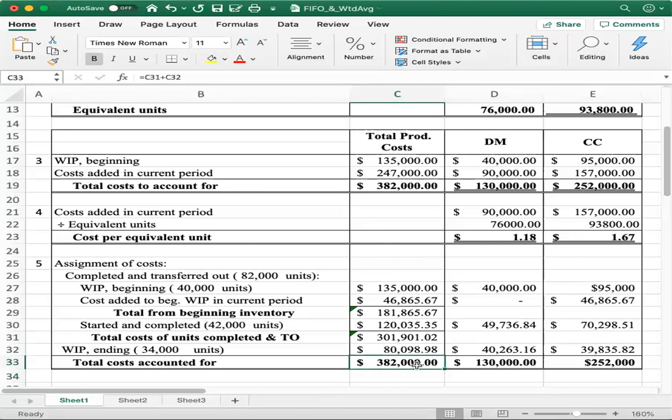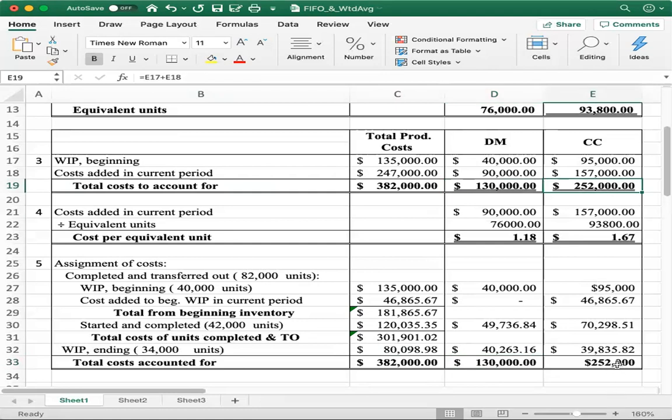So now the interesting part that you need to see whether you did your problem correctly or not is these numbers right here, total cost to account for, should match this, right? So the total cost to account for on part 3, 382,000, is the same as total cost accounted for. These two numbers should match if you have done it correctly. If you can see direct material 130,000 in part 3, the same is 130,000 in part 5.